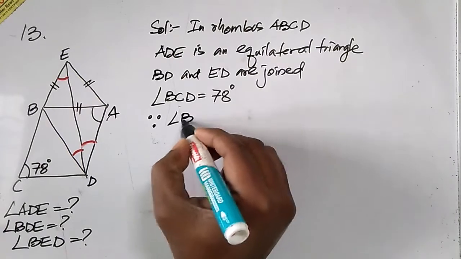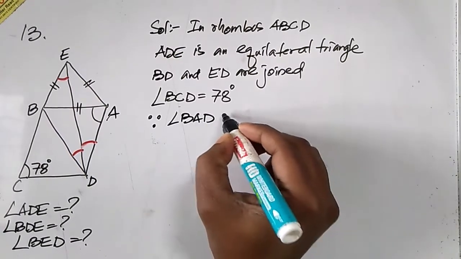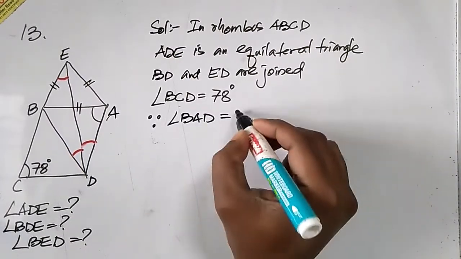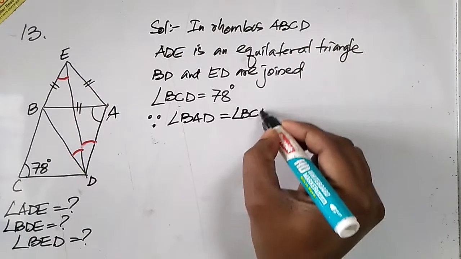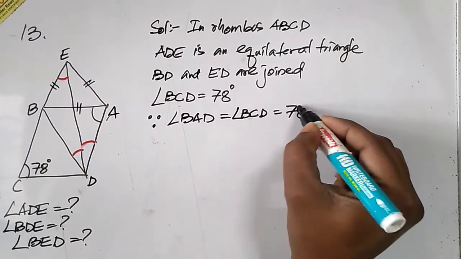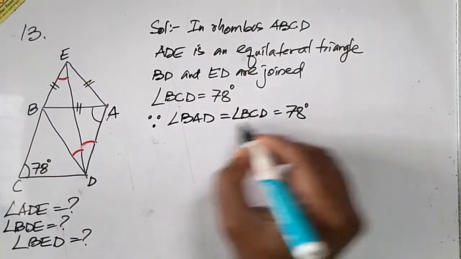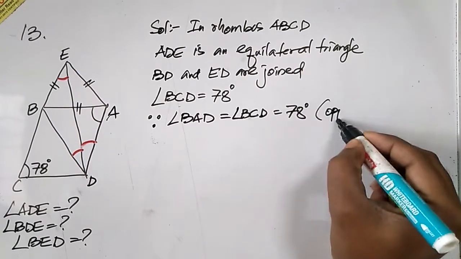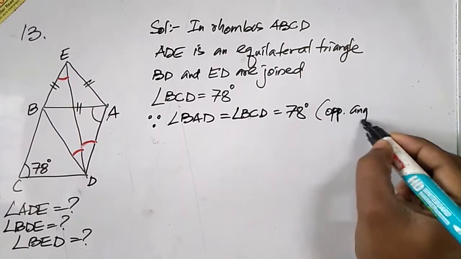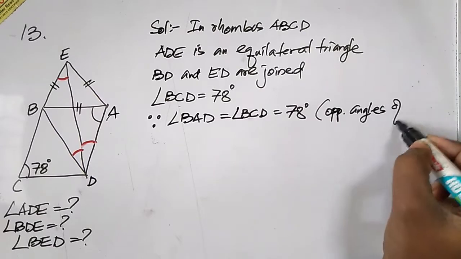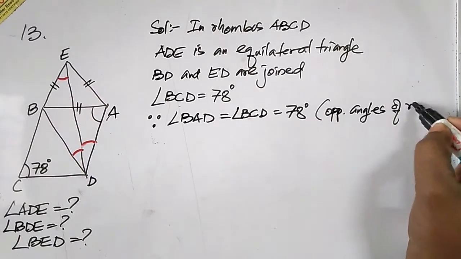So angle BAD will be equal to angle BCD, that is 78 degrees. The reason is opposite angles of rhombus.